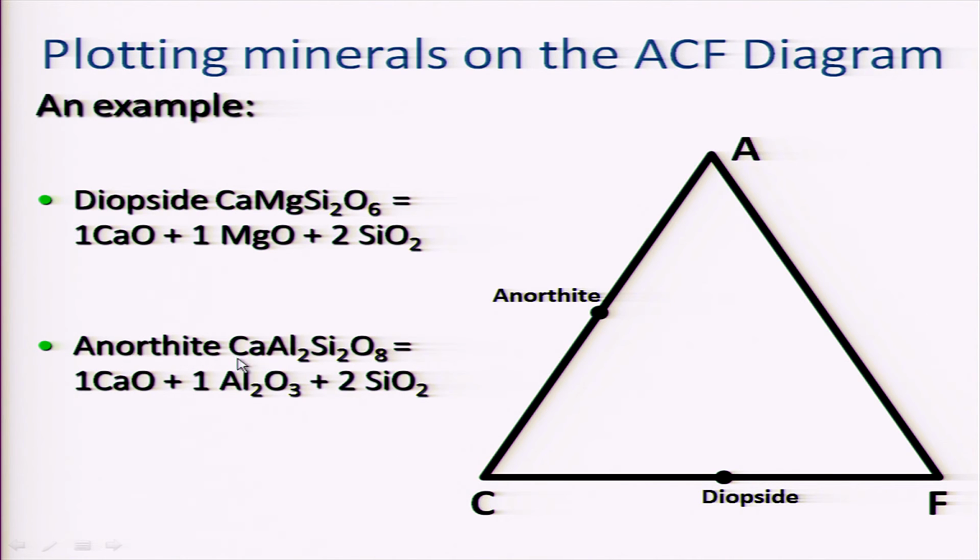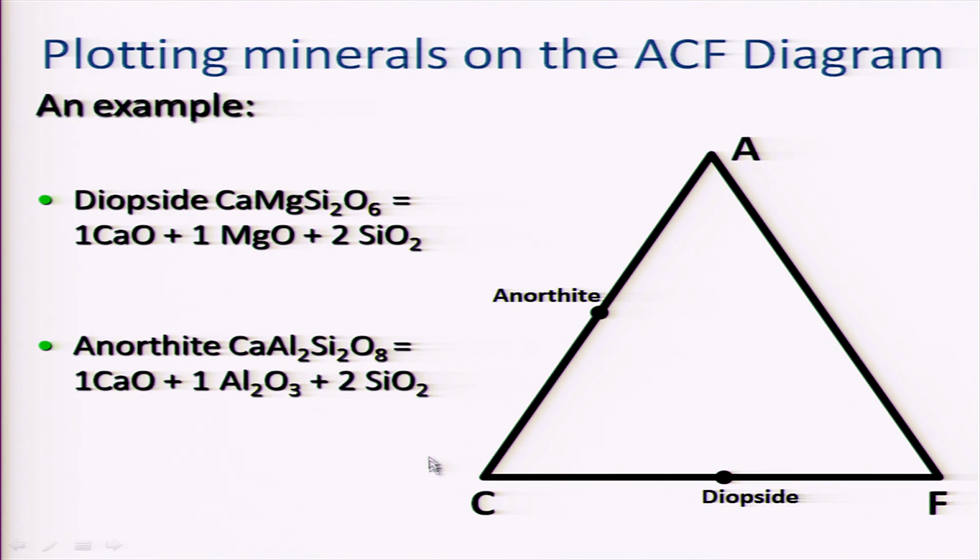Let us look at anorthite, whose formula is CaAl2Si2O8. If we break down the formula in a similar fashion, it has 1 CaO and 1 Al2O3 and no F component, that is FeO-MgO.